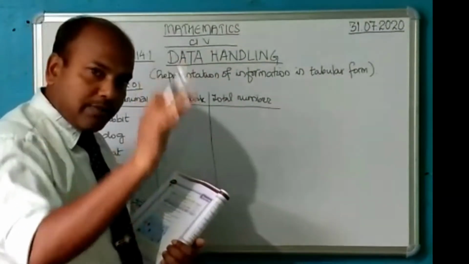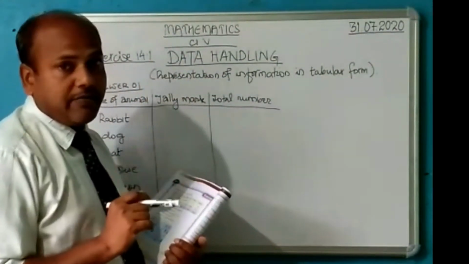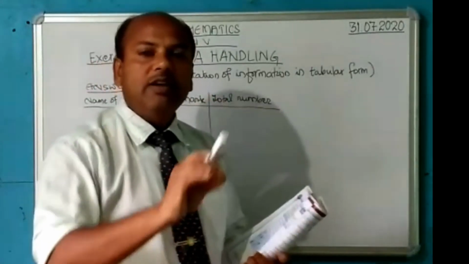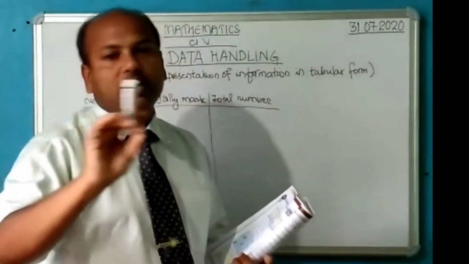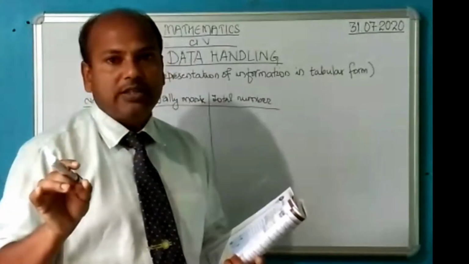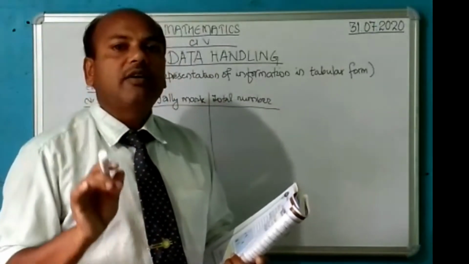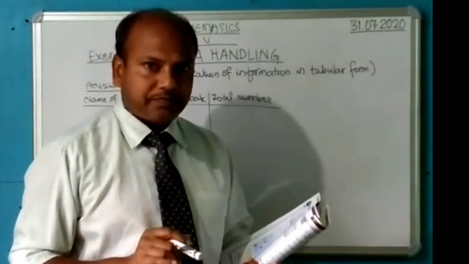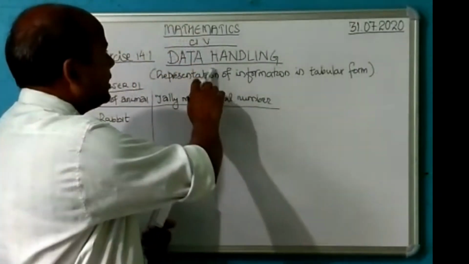Given a set of information, we will frame a table out of it. We will count the total number of birds and animals falling to it, or for that matter any raw data or information, and then we shall draw a conclusion. So that is the concept of data handling.